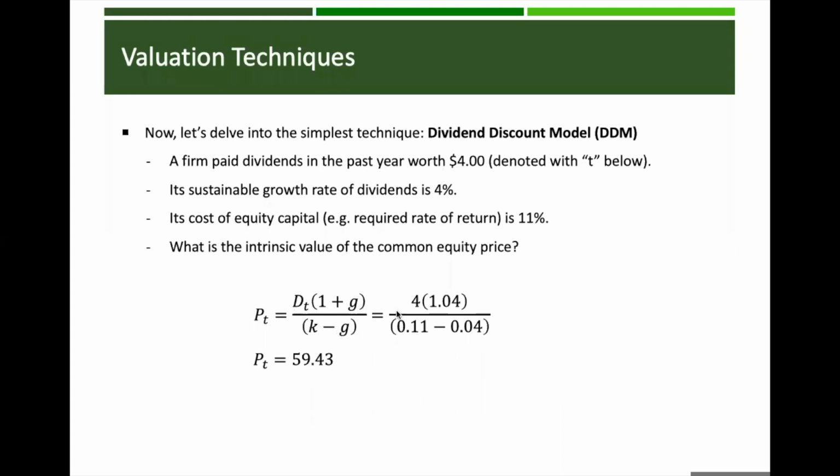So for this company with the $4 dividend that it just paid over the past year, growth rate of dividends of 4%, 4 times 1.04 divided by cost of capital of 11%, that's the equity cost of capital, or required rate of return for equity, minus the growth rate of 4%. You come up with a price of $59.43.